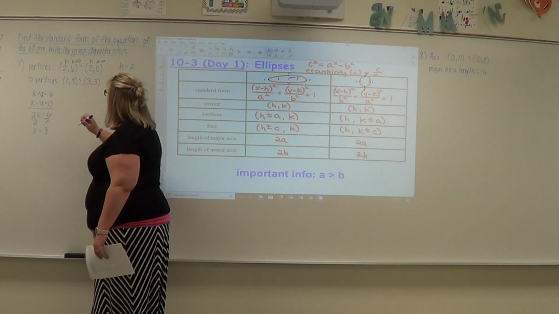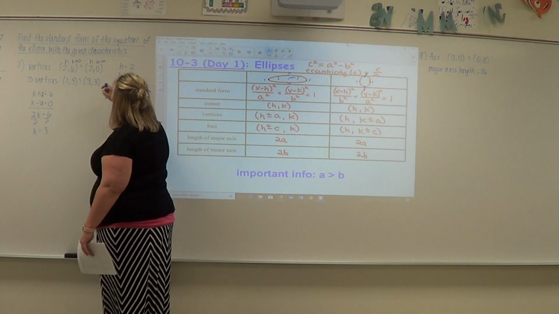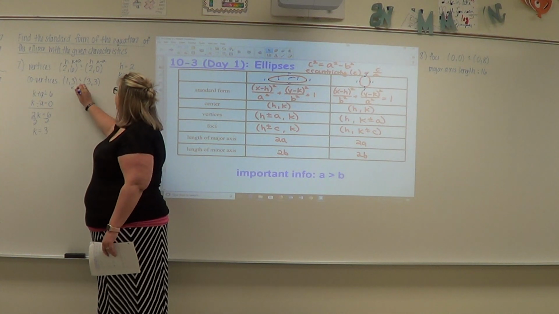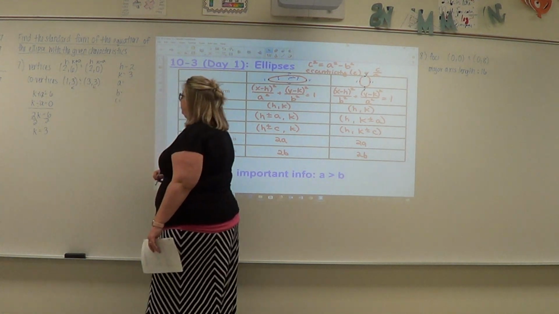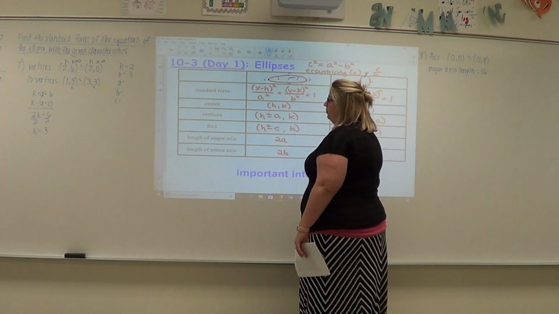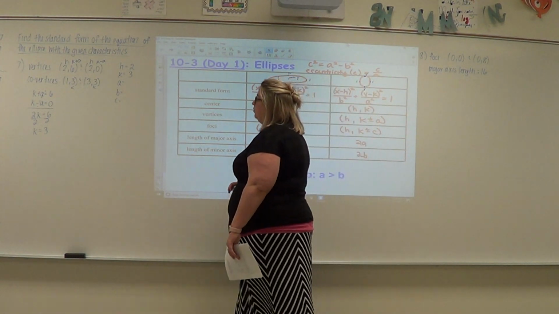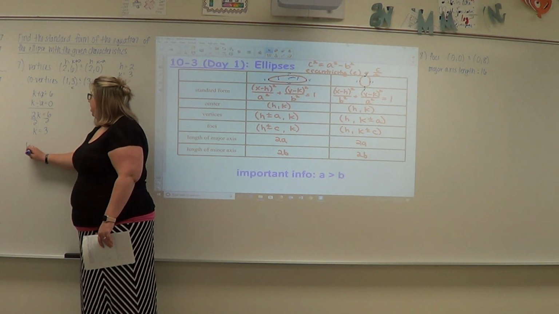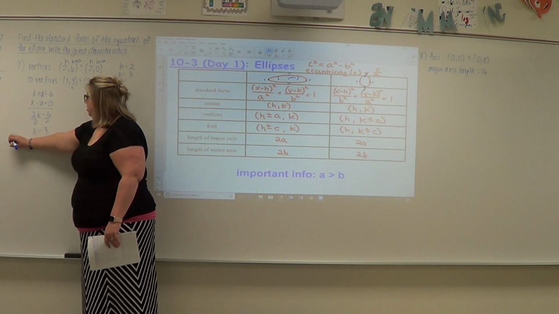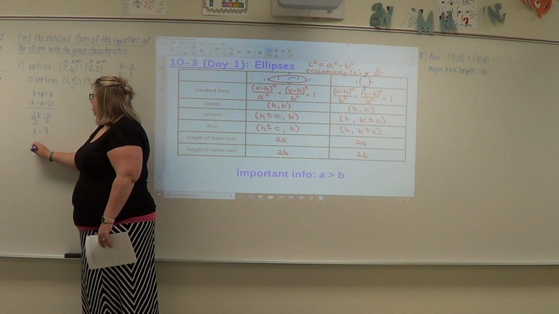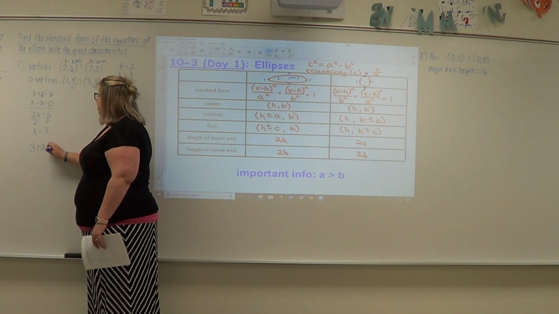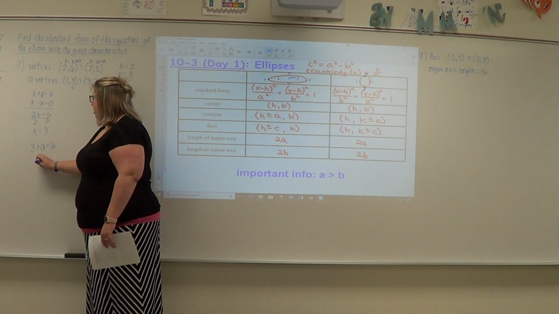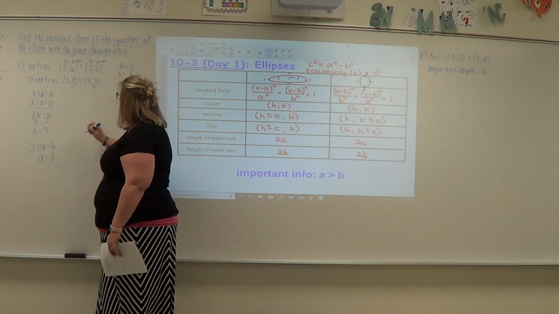Do you notice on the covertices how the second number is 3? Then if I had A, I would just plug this back in. K, which is 3, plus A equals 6. So A equals 3.